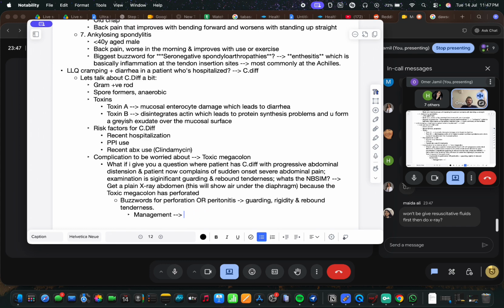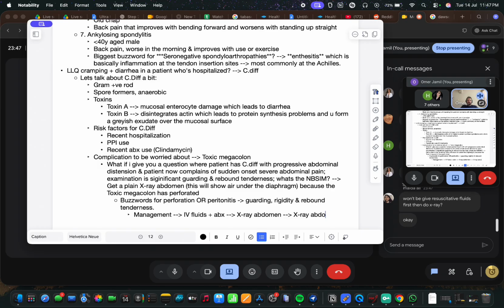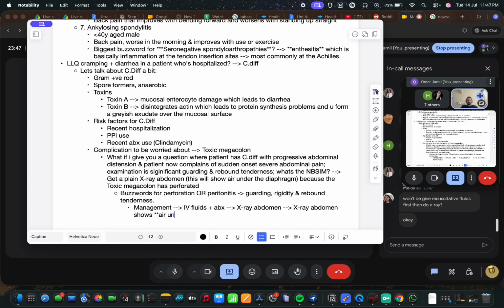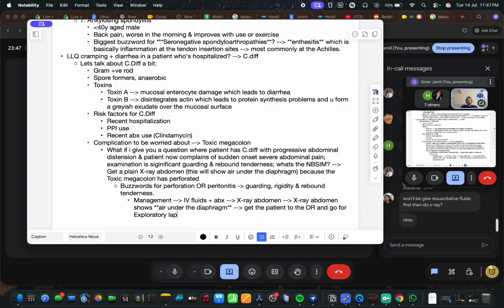So I'm just going to add IV fluids plus antibiotics. X-ray abdomen shows air under the diaphragm. You're going to get the patient to the OR and go for exploratory laparotomy. So get your scalpel out.